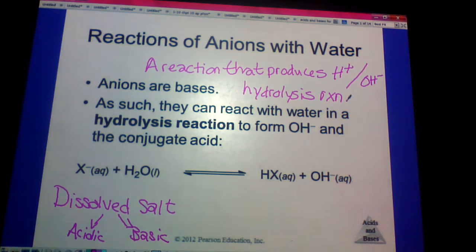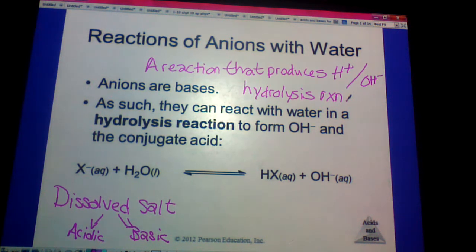Okay, so whether or not an anion reacts with water to produce hydroxide is going to depend on the strength of the anion's conjugate acid. So let's say that again.